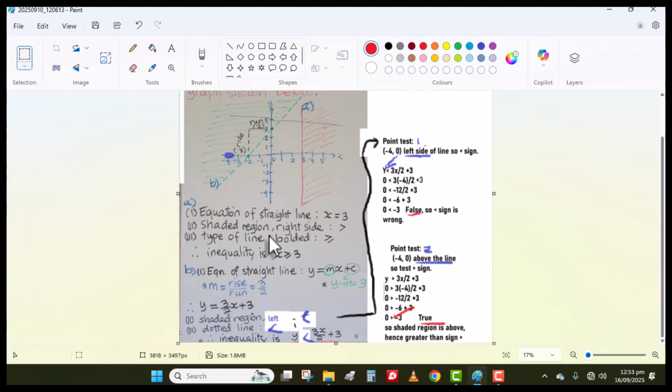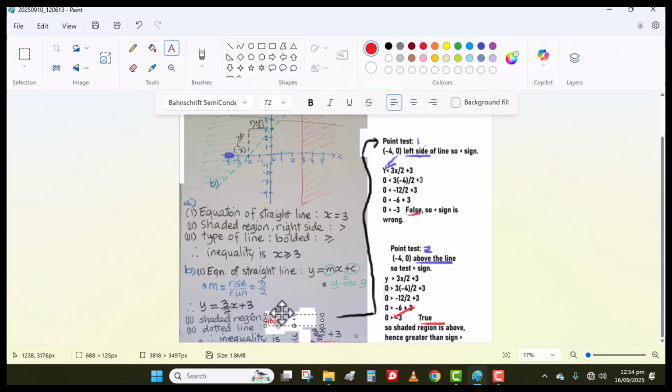Therefore we can change our signs. Now the shaded region is not to the left, but it is above the line, and therefore the correct sign to use is the greater than sign.